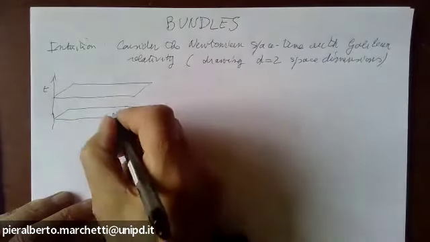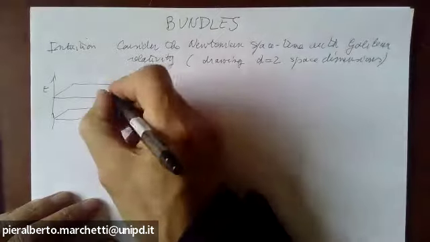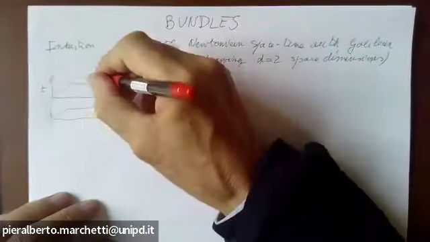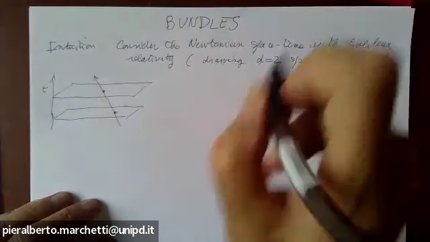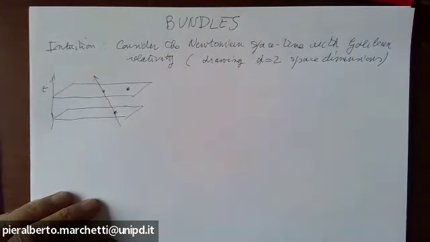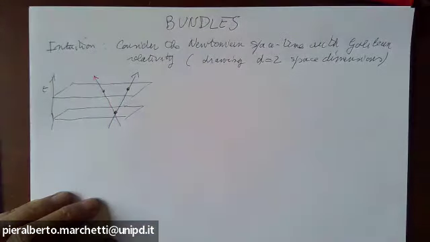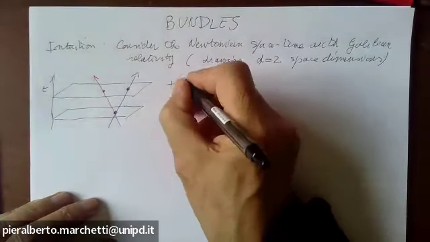And now you ask when I can identify the point in space at different times. That will depend on the observer. So for one observer, the point in space can be identified that way because he moves in this way. But for another observer, this point can be identified later on with this point because he moves in that way. So there is no absolute identification of a point in space.